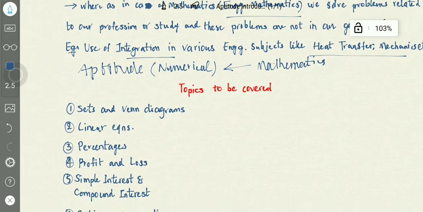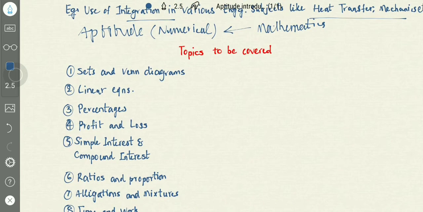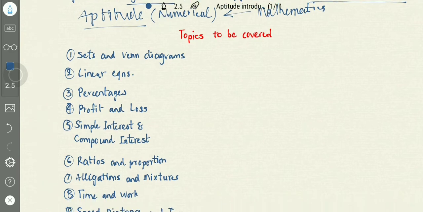In aptitude there will be verbal ability also. In verbal ability we deal with only English, which is useful in our daily life. Aptitude means daily life problems. It may be numerical, it may be verbal, but we are dealing only with numerical ability in this video series.